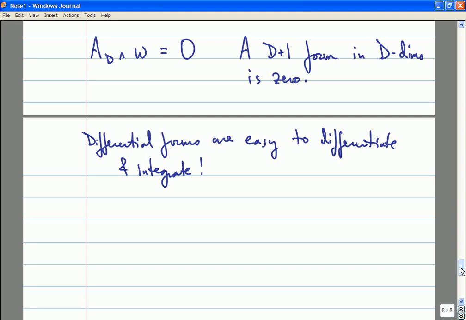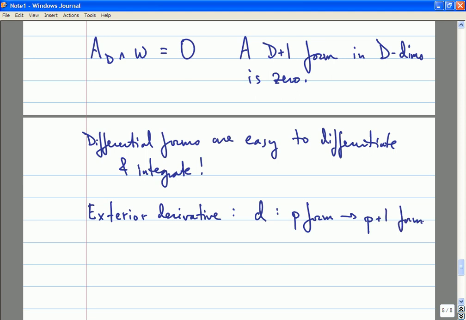So how do we do so? Well, in order to take a derivative of a differential form, to get another differential form, we introduce what is known as the exterior derivative. So the exterior derivative is an operation, which we usually denote by d, which takes a P form and takes its derivative in a way that gives you a P plus 1 form.